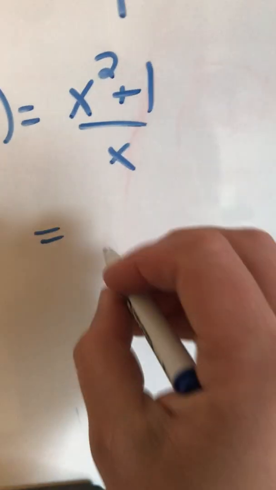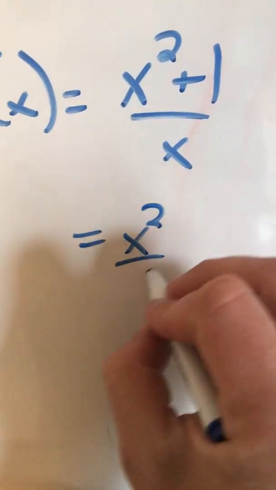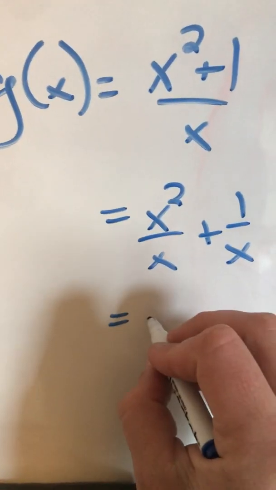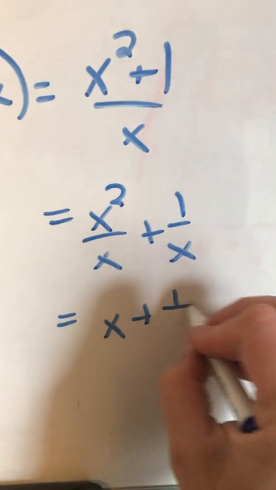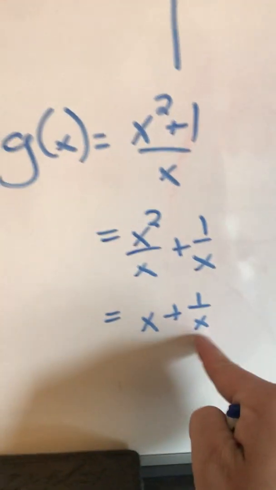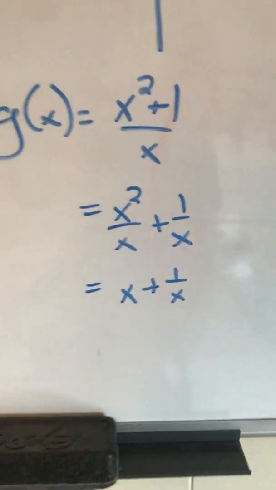Which in this case, we totally could. We could say, this is x squared over x plus 1 over x, which is just x plus 1 over x. And then we could totally derive this once you switch this to x to the negative 1.